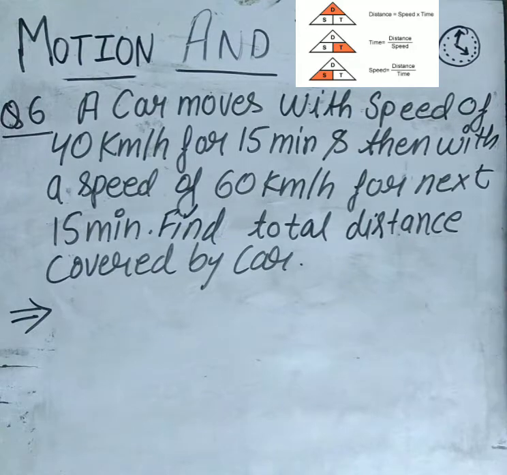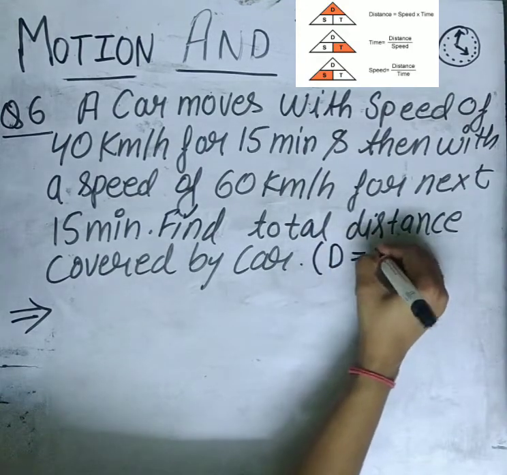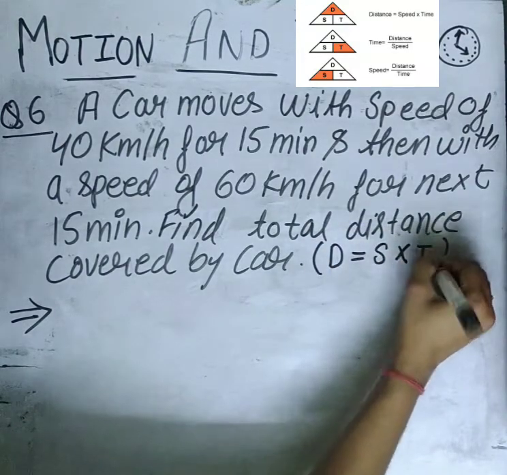So we will see how much distance is covered in the first 15 minutes, then in the next 15 minutes. The formula used again would be distance is equal to speed into time.